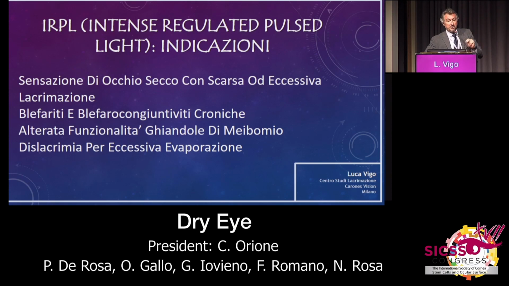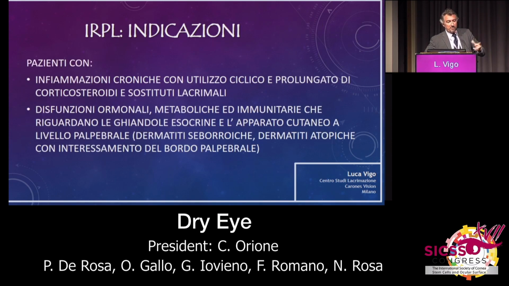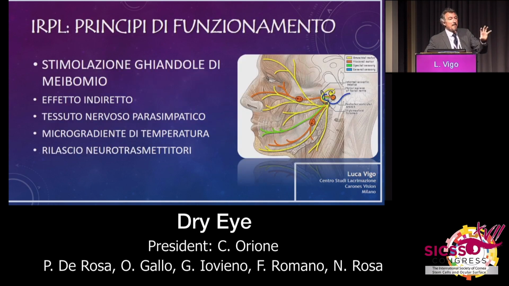So this is what I do in patients having a dry eye sensation, but sometimes even in excess of tears, or chronic blepharitis, or blepharoconjunctivitis, altered function of the meibomian gland, and a disorder of the tear film, and or patients having cutaneous problems, rosacea, or other disorders affecting the eyelid border and who are on steroids or using tear substitutes.